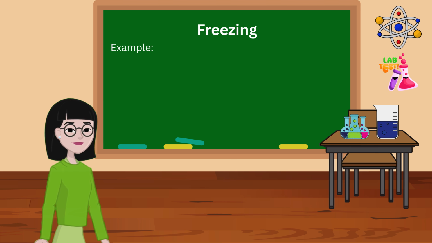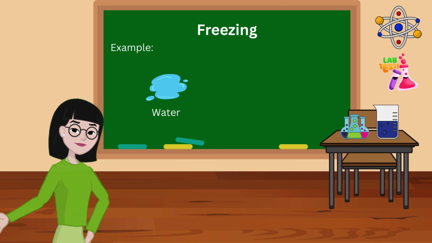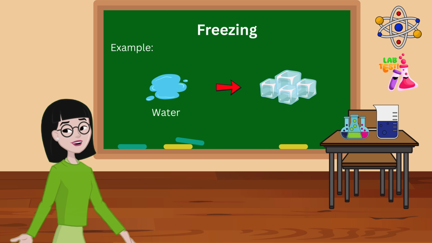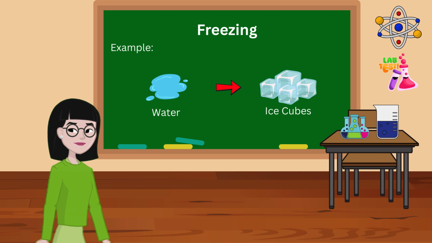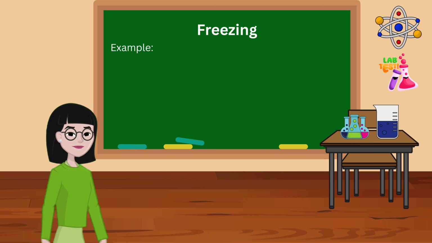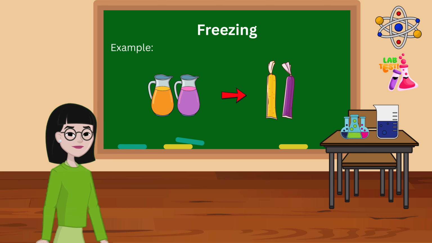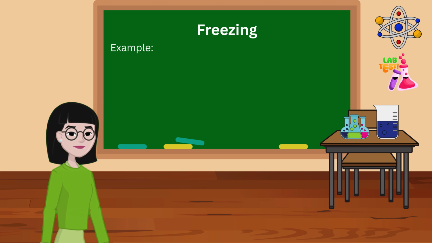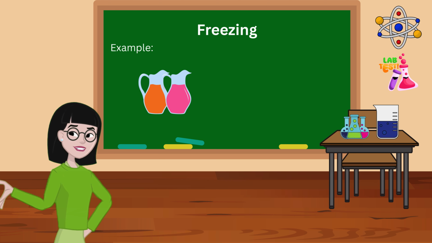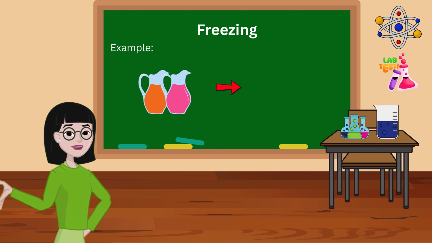Examples: water turning into ice cubes in the freezer. Second, making ice candy. And last, juice becoming popsicles.